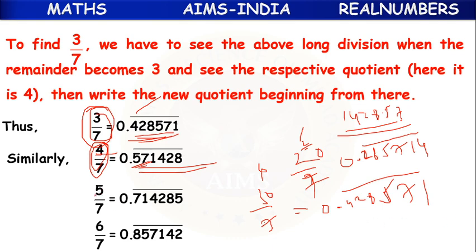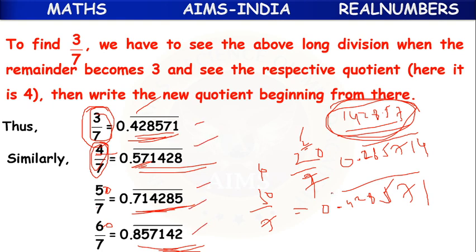Suppose 5 by 7 is there. We will take it as 50. 7 7 times 49, so it starts from 7. Or if 60 is there, 7 8 times 56, so it starts from 8. Because the repeating digits are all different, directly we can tell.